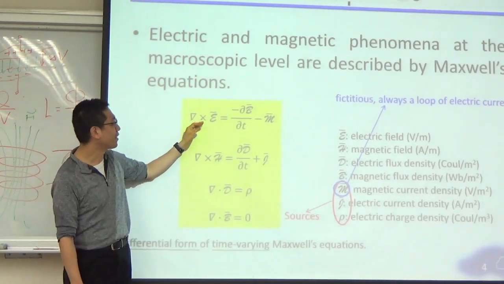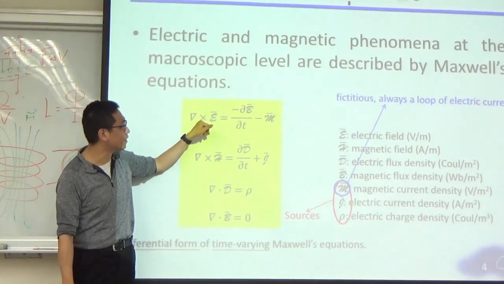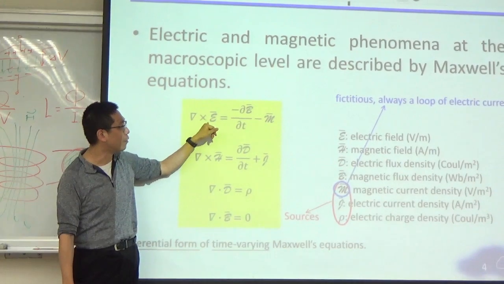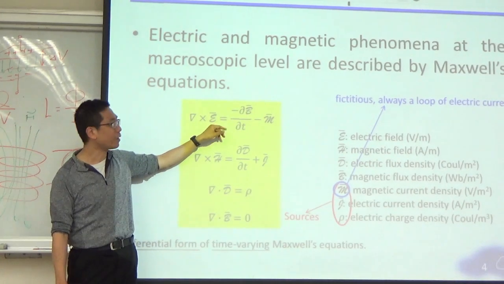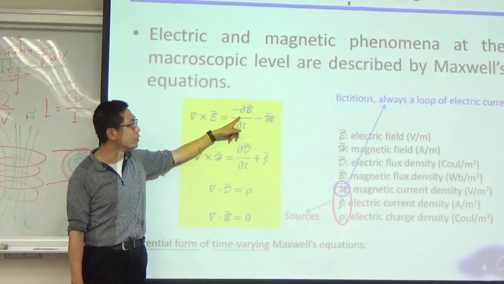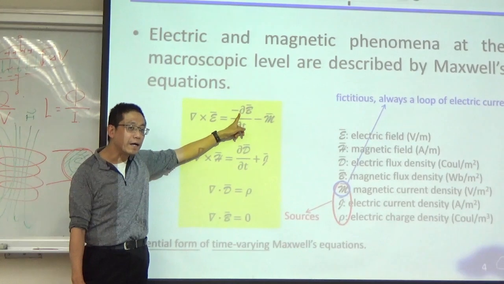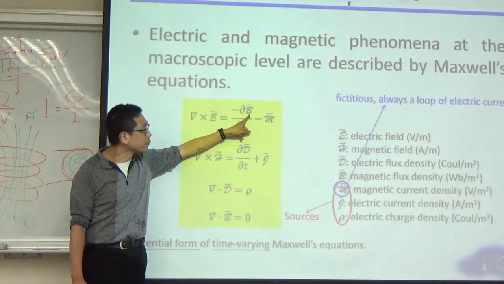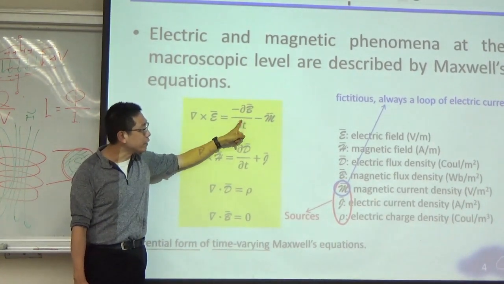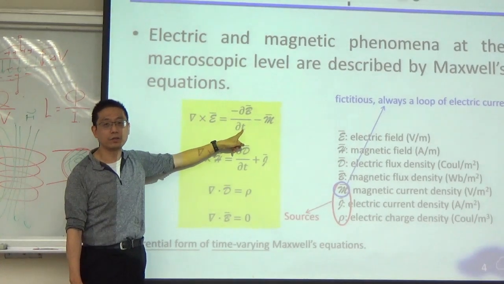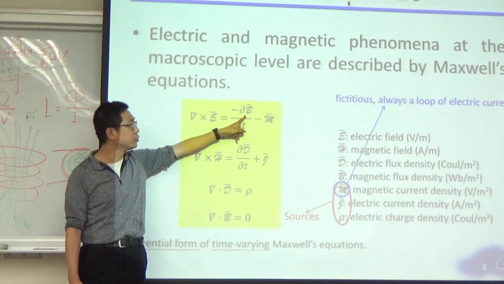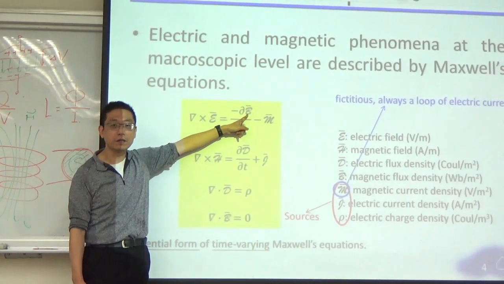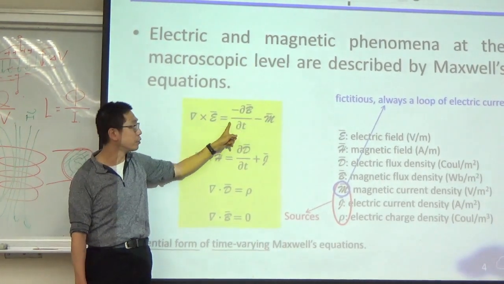Okay. If I take the curl of your time-varying E field, this will equal minus the partial differential with respect to t of the function B. You know this one, right?